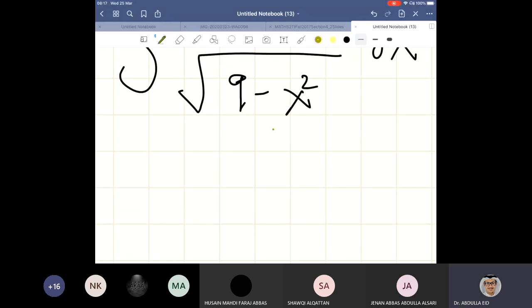Now, this is of the form where we have a number, and then I have a minus, and then I have my variable, which is x squared. So in general, it is a number minus x squared.